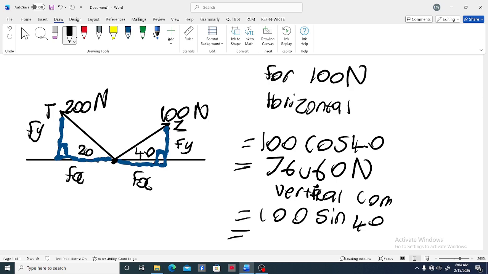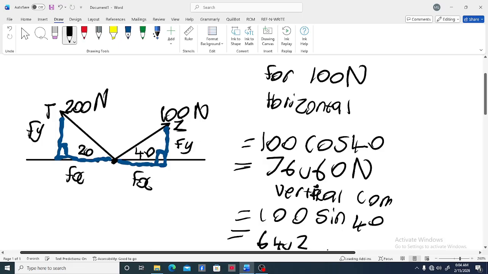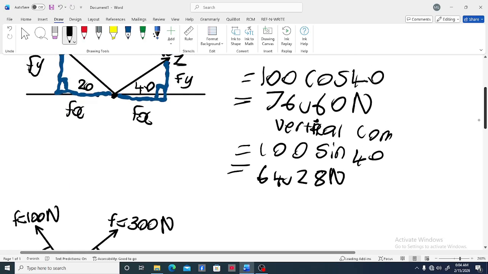Then you're going to put that on a calculator, and 100 sine 40 on the calculator is 64.28 Newtons.